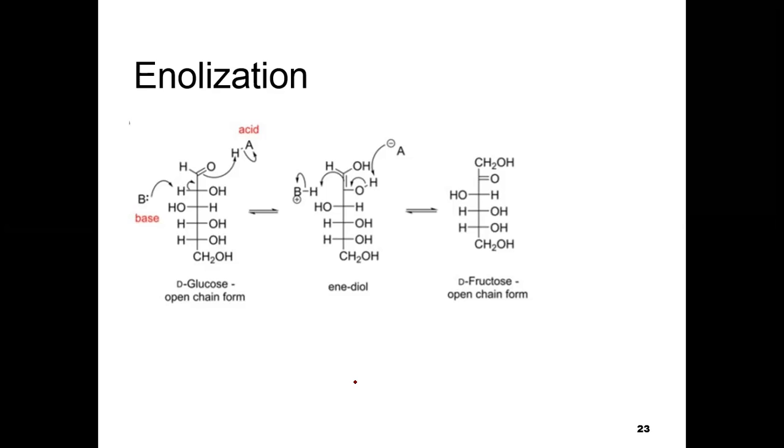If we treat glucose and leave it for several hours, a mixture of different sugars can be obtained, initially fructose plus mannose. This is the conversion of one form of monosaccharide into another, for example glucose being converted into fructose through an intermediate molecule called the enediol. This process is known as enolization, also called the Lobry de Bruyn-van Ekenstein transformation.